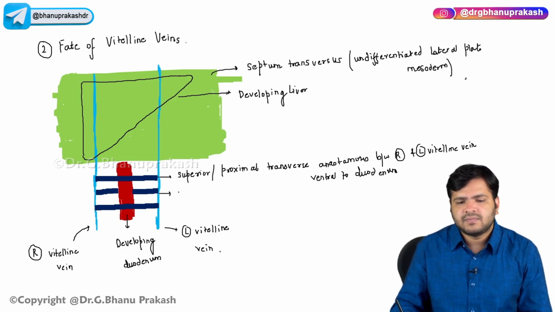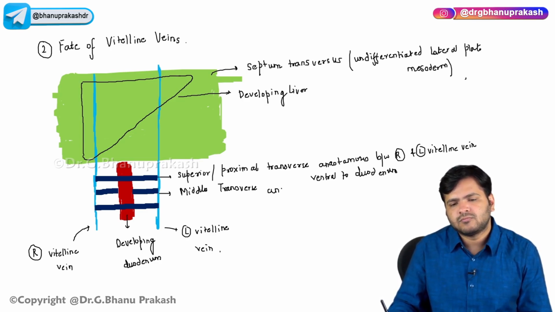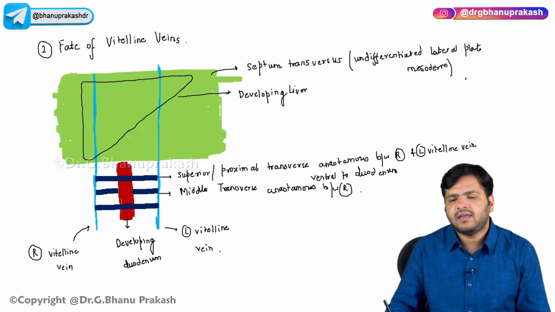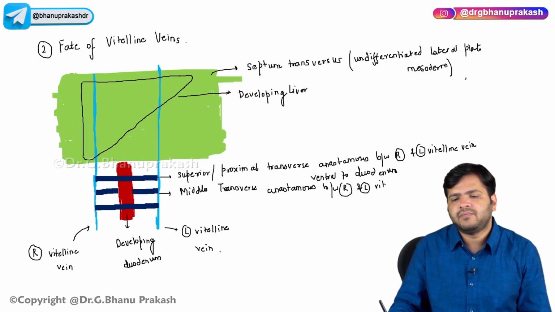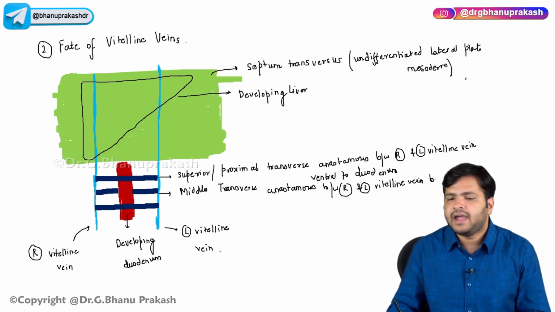We have this middle transverse anastomosis between the right and left vitelline vein, behind the duodenum.